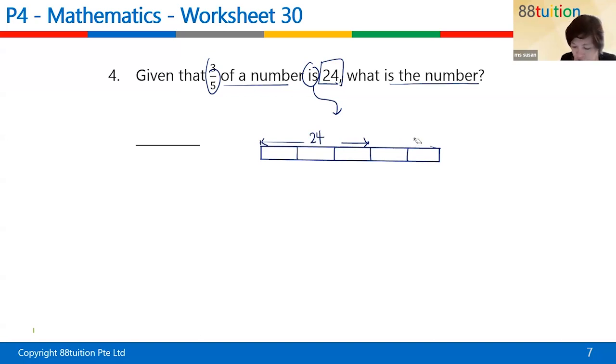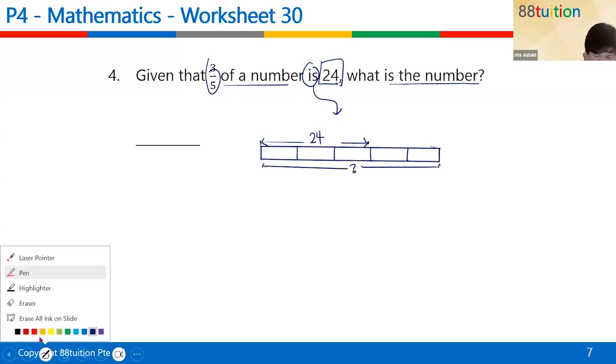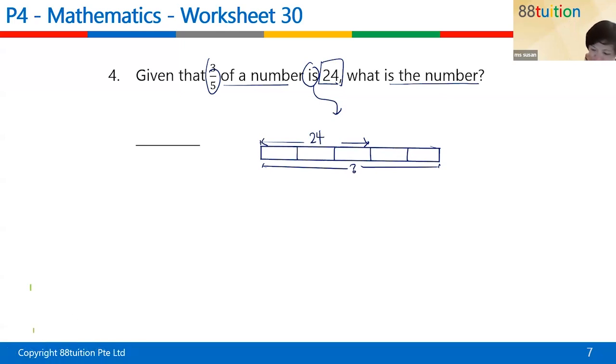So he wants the number, which is from here to here. Okay, so you can see that this particular thing here is 24, referring to 1 unit, 2 units, and 3 units. So you have 3 units will give you 24, right?